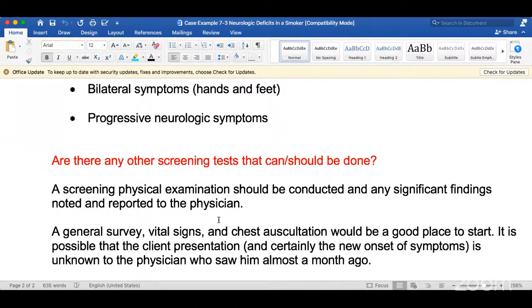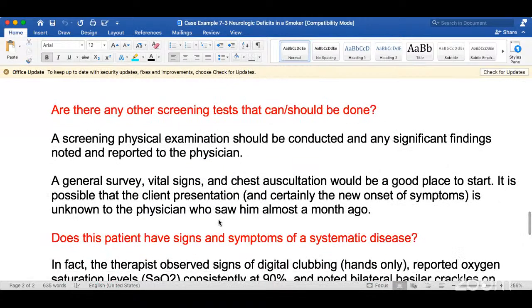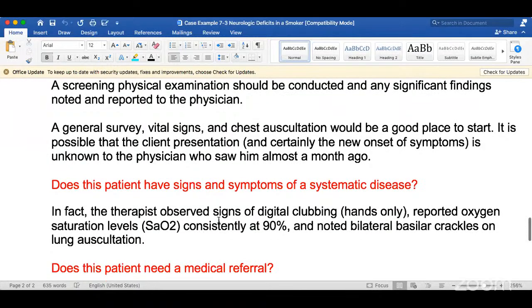Do further screening so that you'll be able to see if there is any, say, pulmonary underlying disease in the pulmonary system, which is the systems review principle. Can go ahead, please. Does this patient have signs and symptoms of systemic disease?